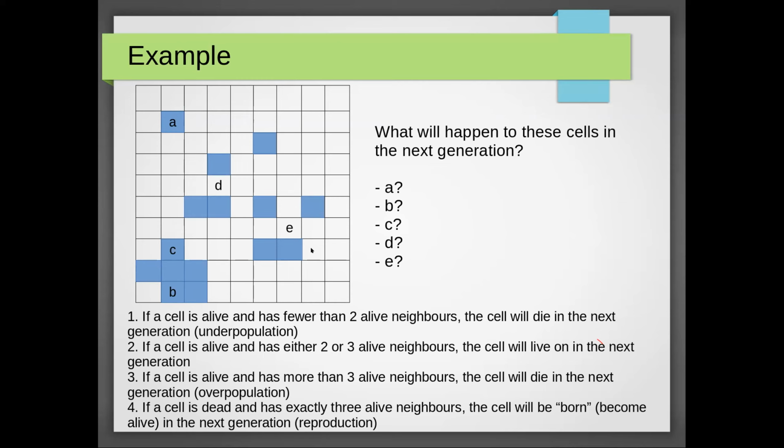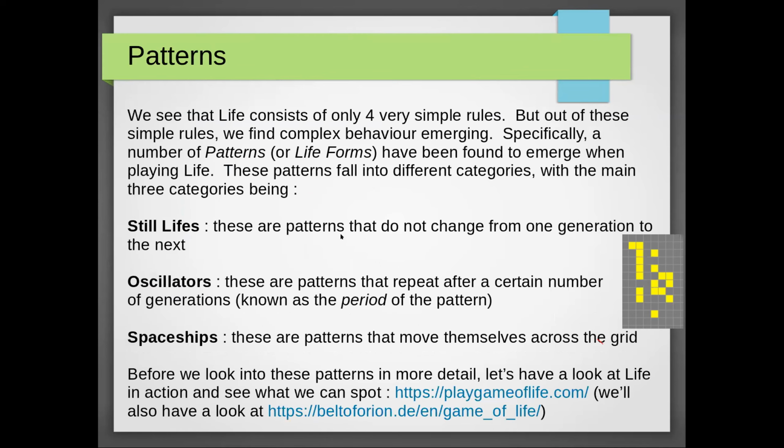So E will remain dead because none of these rules essentially will apply. It's already dead and it can only be born if it has exactly 3 neighbors, and obviously this one's got 4, so that one will remain dead. But we can see that these are very, very simple rules, and we can just sit down and work them out.